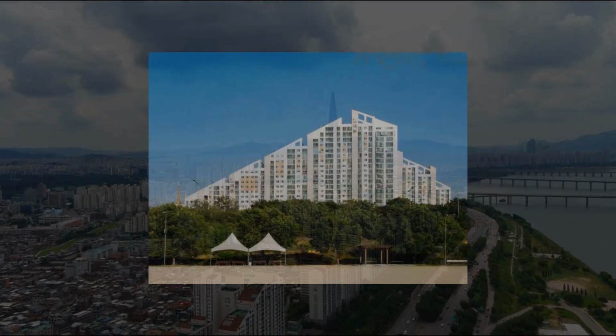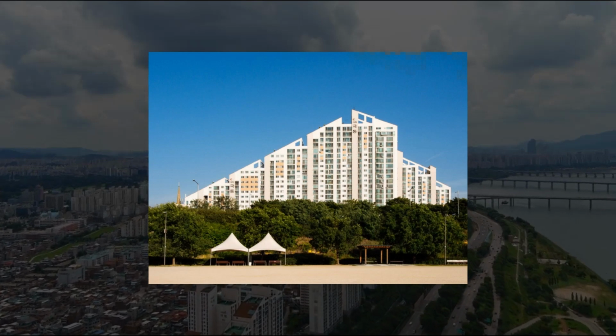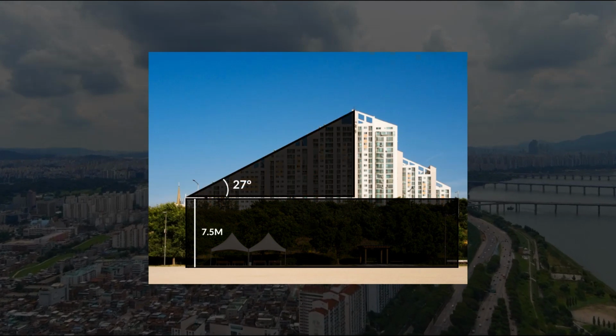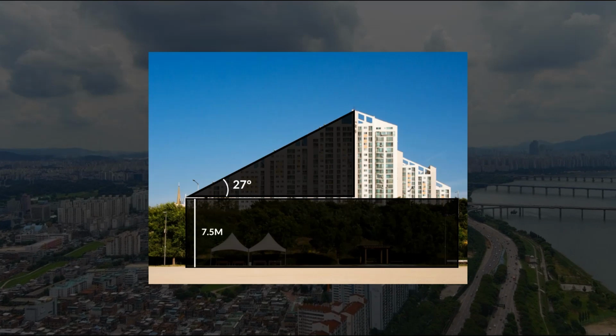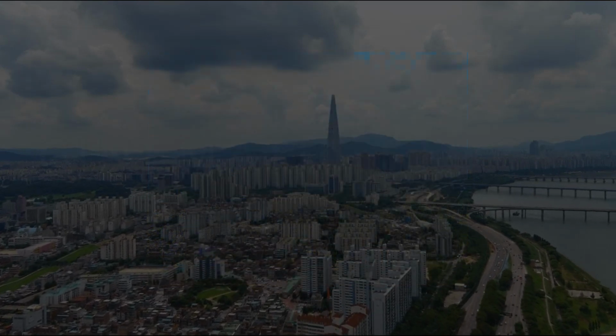Since the building in the protected area is regulated to be built at a raised height of 7.5 meters and altitude at an angle of 27 degrees, it turns out to be close to a triangle shape while securing the maximum number of households.